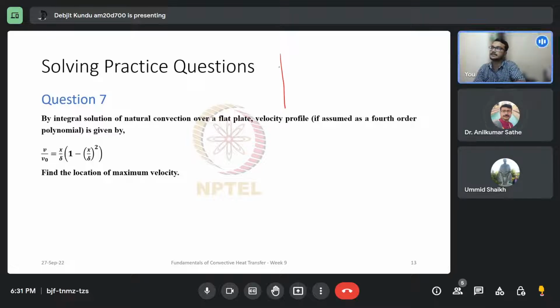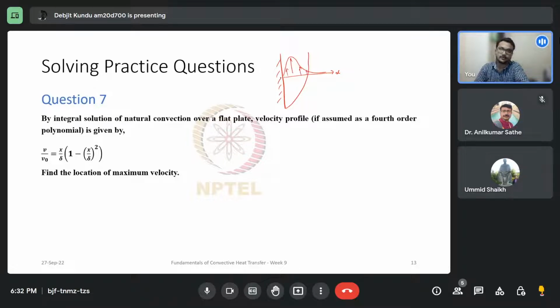So basically, we have this flat plate like this, and we have a thermal boundary layer as well as a velocity boundary layer forming. The velocity boundary layer is something like this, where this is the distance from the plate.